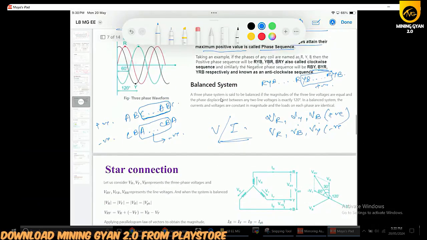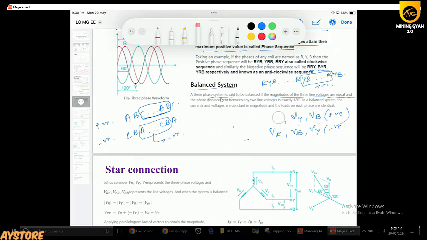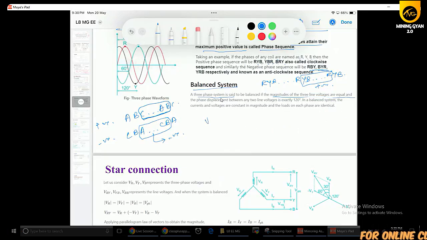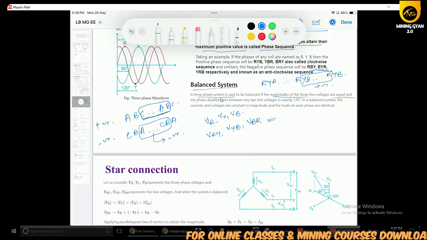Then what is a balanced system? A three phase system is balanced if the magnitudes of the three line voltages are equal. I already told you about this. There will be phase voltages VR, VY and VB, and VRY, VYB, and VBR will be the line voltages.